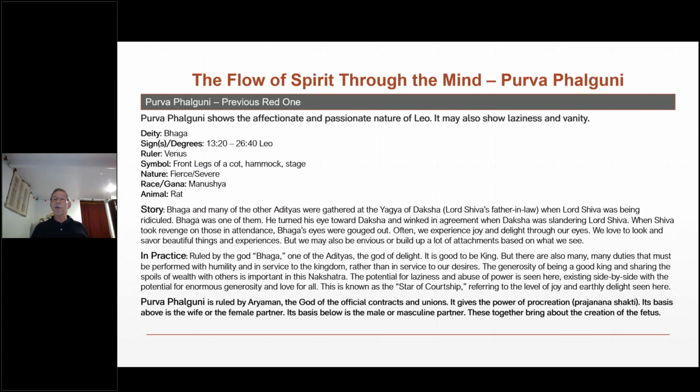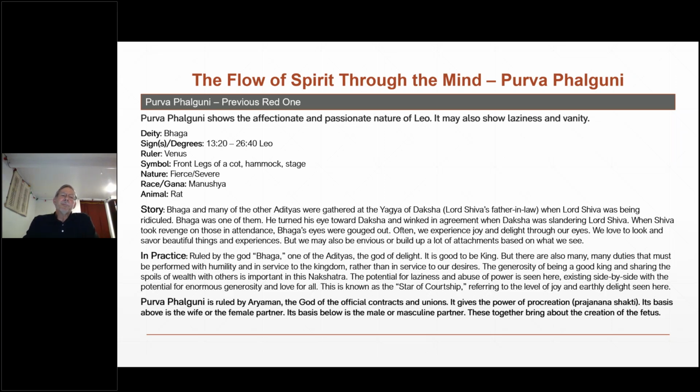So let's move on now to Purva Phalguni, because we have some examples of that here. And Purva Phalguni is called the previous red one. And I remember when I first started studying this one, I was like, what the heck does that mean? So I began to do some background digging.